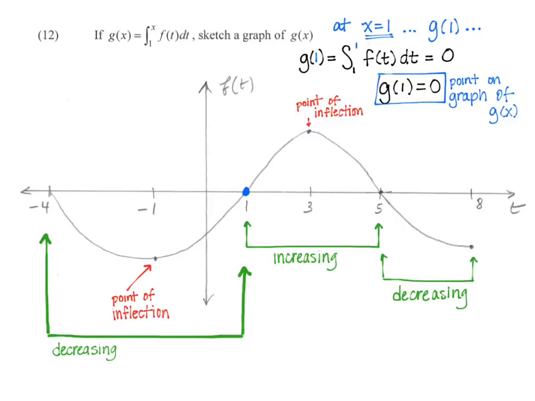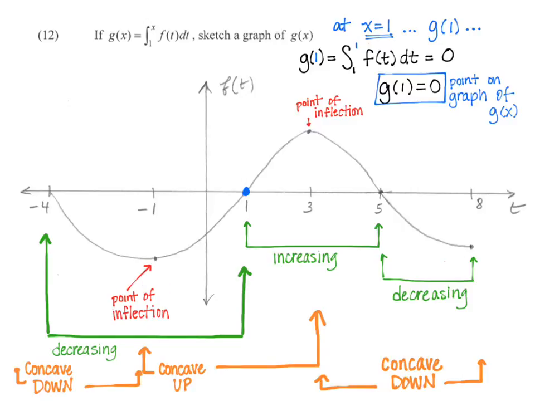And here we've got the derivative decreasing, so we know the antiderivative will be concave down. When the derivative is increasing all this way from point of inflection to point of inflection, our function will be concave up. And then it has a point of inflection, and now the derivative is decreasing, so therefore the antiderivative, the original function, will be concave down.